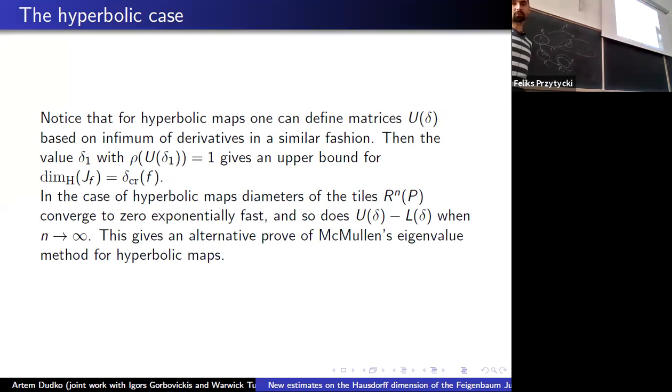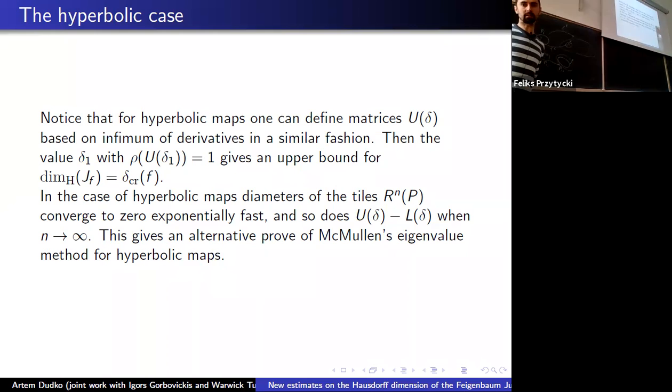In the case of hyperbolic maps, as we saw, for instance, in the example of the picture for z squared minus 1, the diameters of the tiles of refinements converge to 0 exponentially fast. And from this, it is not hard to show that the difference between the upper and lower Macmillan matrices converges exponentially fast to 0.